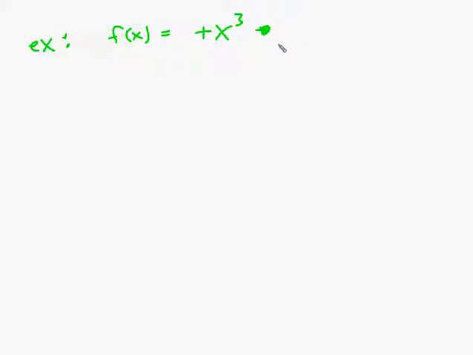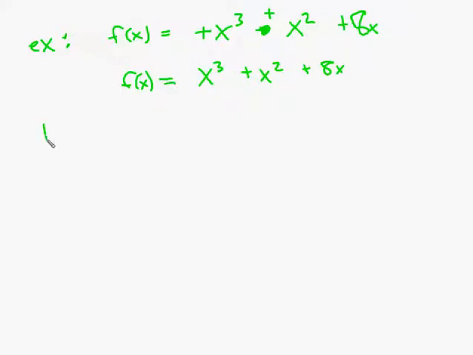Let's do positive x cubed plus x squared plus 8x. This is a plus right here. So let me write that more clearly: x cubed plus x squared plus 8x.